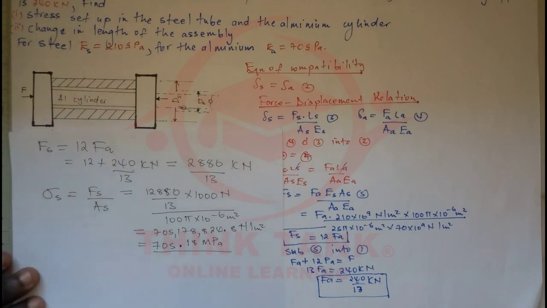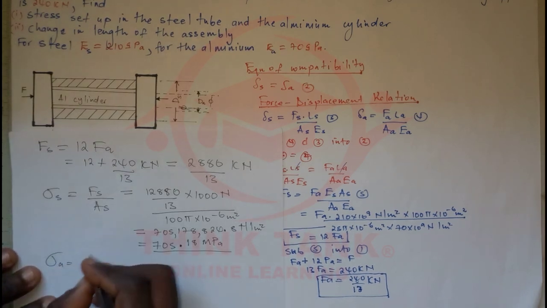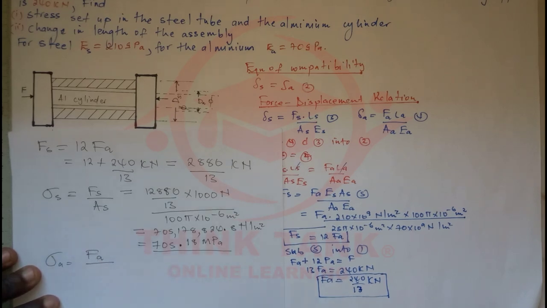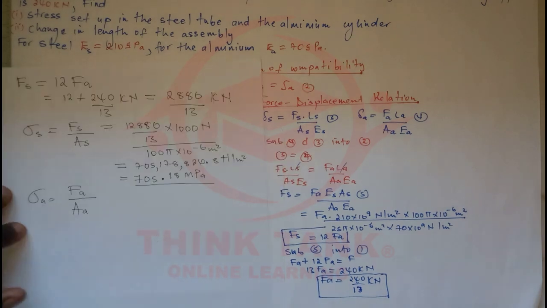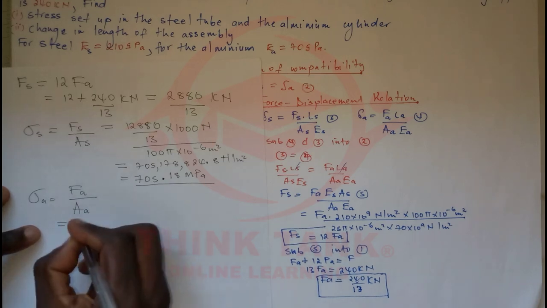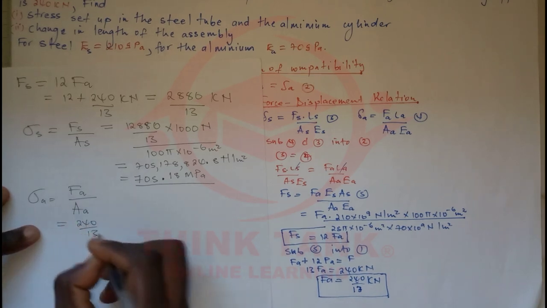Now I'm going to move on to the stress in the aluminium. This is going to be Fa, the force applied directly to the aluminium, divided by Aa, the cross-sectional area of the aluminium region. We know the force Fa is 240 over 13 kilonewtons.